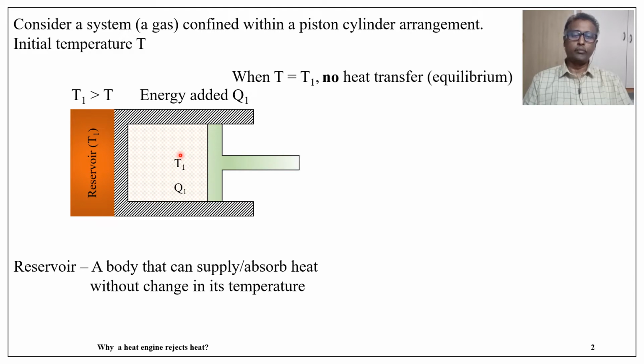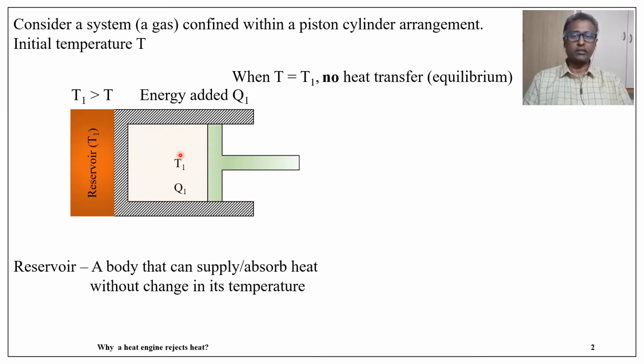Suppose we want to make the engine deliver work continuously or again, we may think of replacing the reservoir with a new reservoir whose temperature is greater than T1. So we can keep on increasing the temperature of the reservoir and try to generate work continuously.